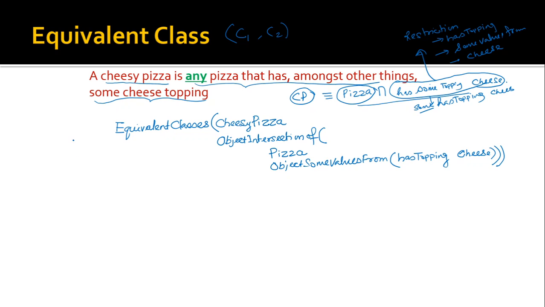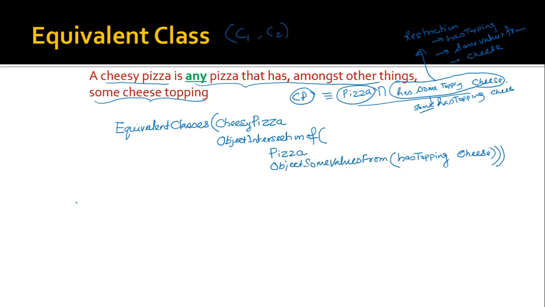Now let us try to represent this using first order logic syntax. The first thing that we can think of is that this is one equivalent classes description, so we'll be having a both way implication. The thing that we are trying to define will be on the left hand side of the implication.